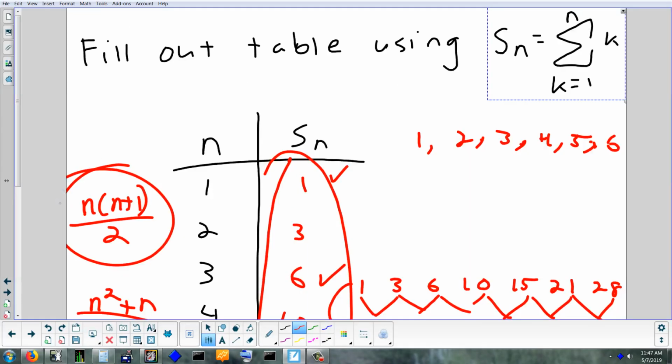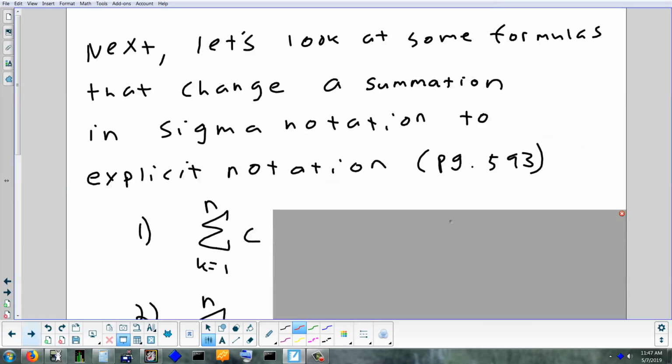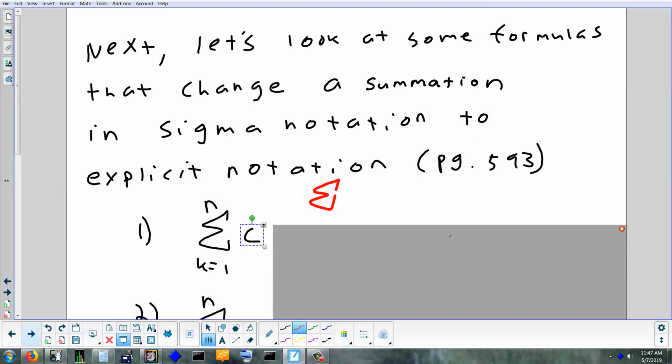Okay. Let's look at the first one. The sum from k equals 1 to n of a constant. So a constant is a number that doesn't change, like 5. Okay. Let's write down something like that. The sum from k equals 1 to 6 of 5. That's an example of number 1.